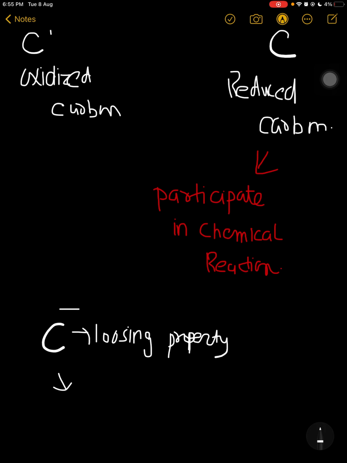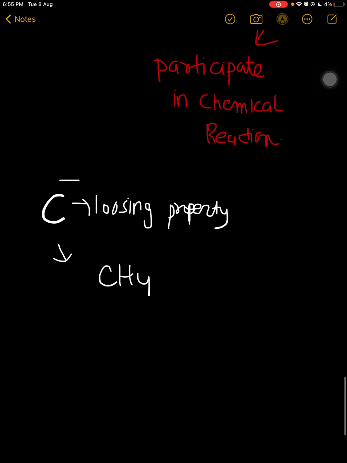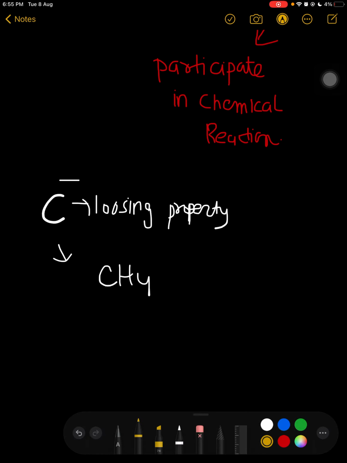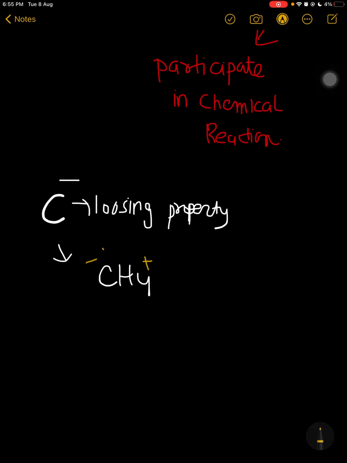So when it forms methane, CH4, as you can see in the chart, the carbon has a lot of negative charges here, right?